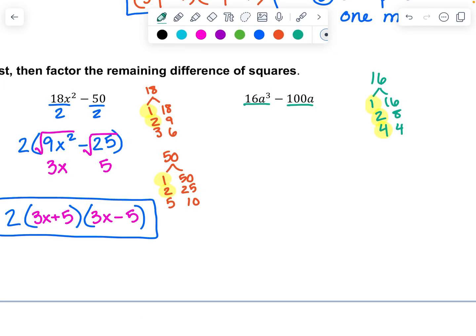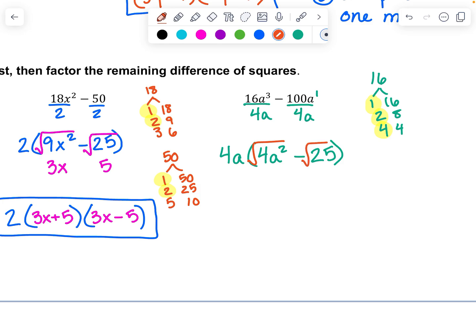So it looks like I'm left with a GCF of 4. And then I see an a cubed and an a term. Remember, we're going with our lowest exponent, which is 1, so I just divide by 4a. All right, that is going to leave me with 4a squared minus 25.